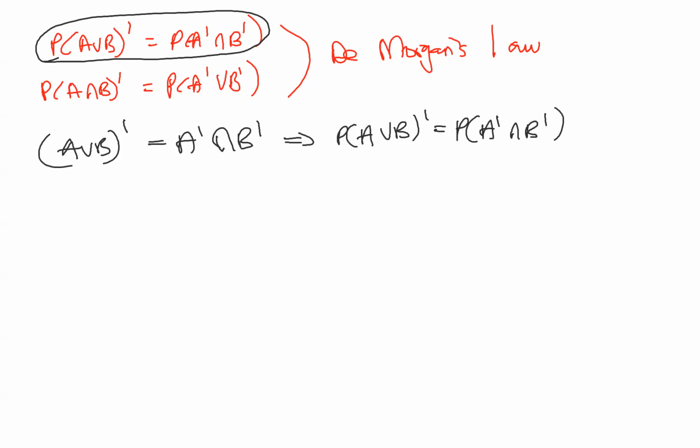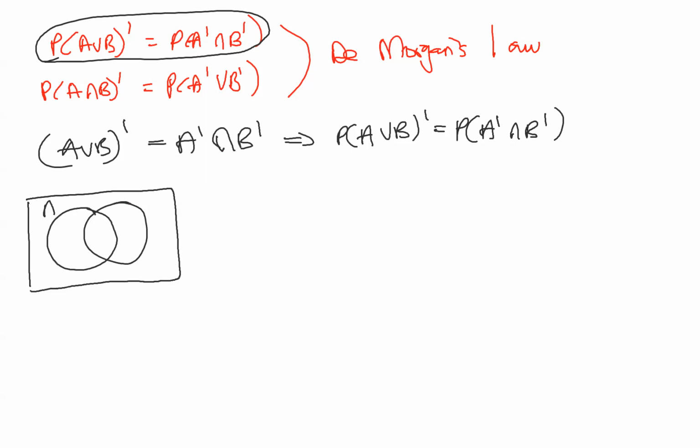So we have 2 Venn diagrams. We have A and then B. Let's look for this part of the Venn diagram, (A union B) complement. Now, where's A union B? A union B is everything in A and B combined.